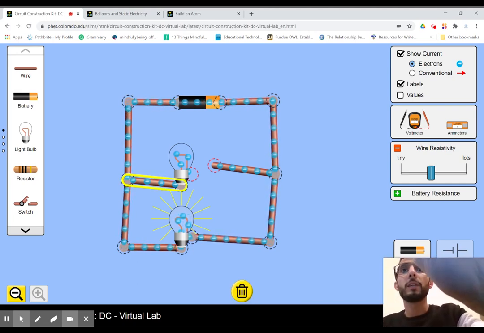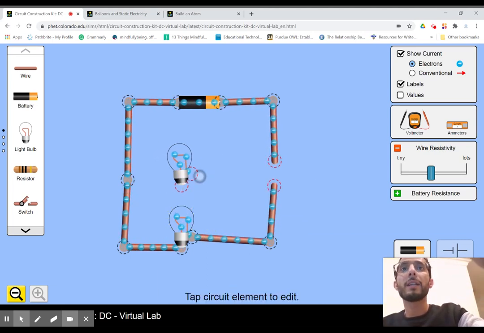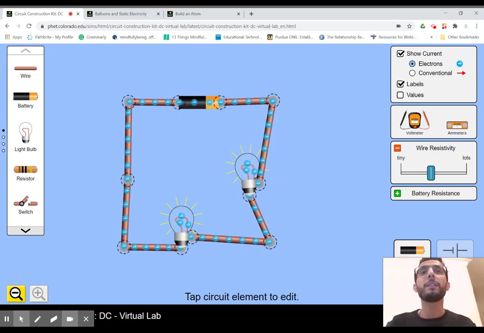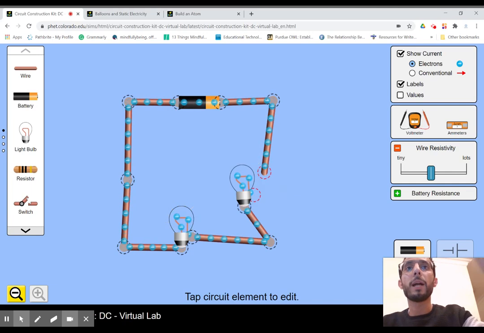But let us remove this wire and try to connect this light bulb, for example, here. What will happen now is that they are connected in series. If you remove one light bulb, both will turn off, because the electrons cannot continue their flow.